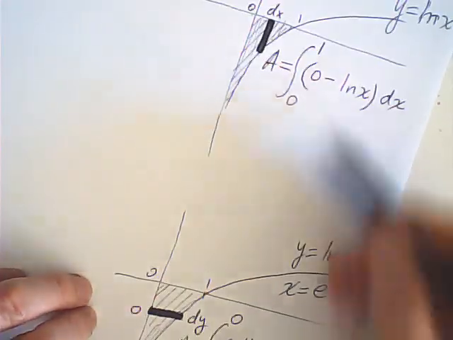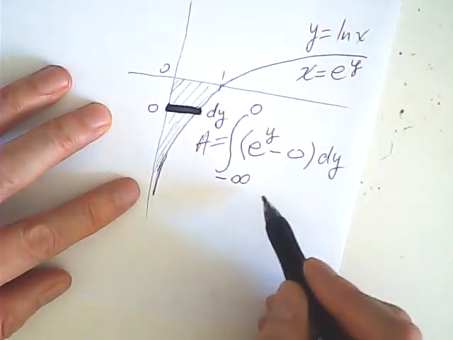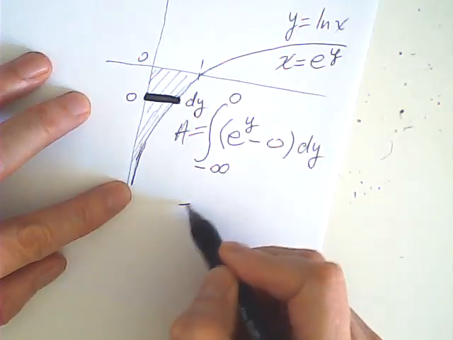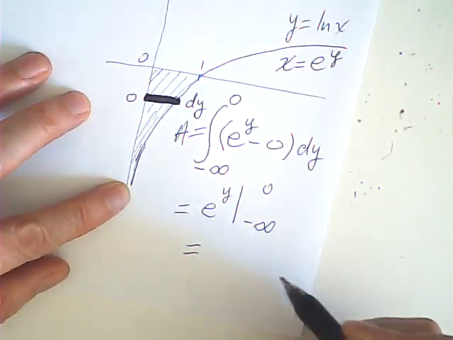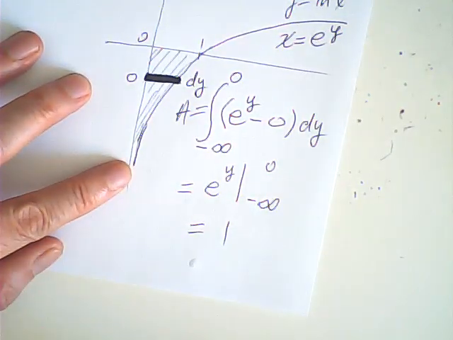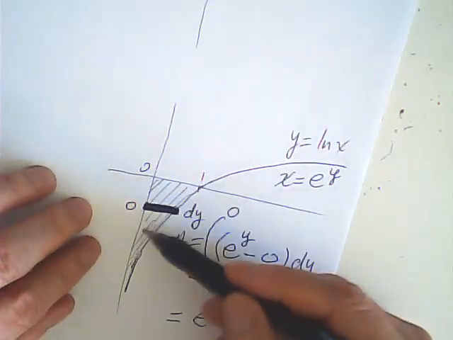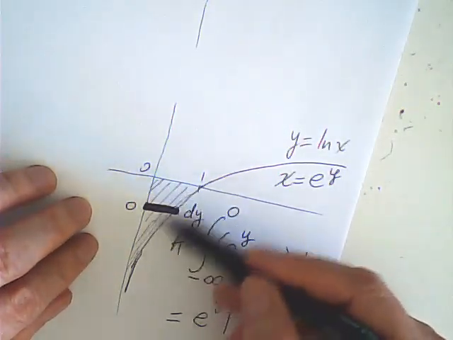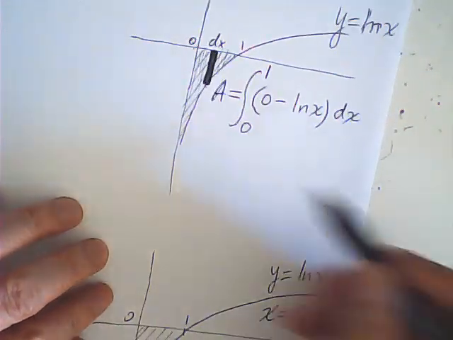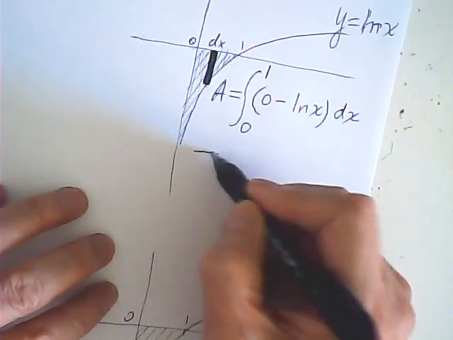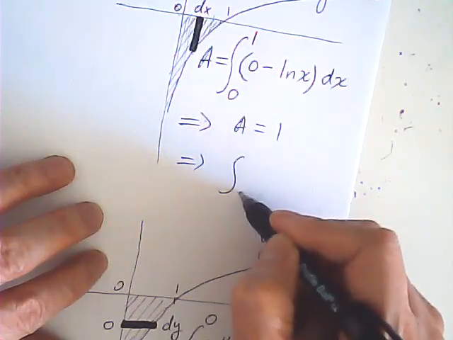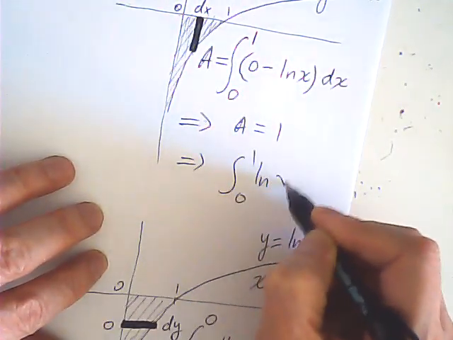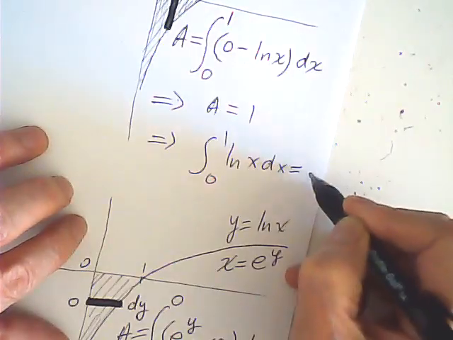This area is equal to that area, the same area, right? But this area we can do easily. This is equal to e to the y from negative infinity to 0. That is equal to 1. Okay, that means this area of this region is 1, and so is this. So this means A equal to 1, which means the integral from 0 to 1 of log x dx is equal to negative 1.